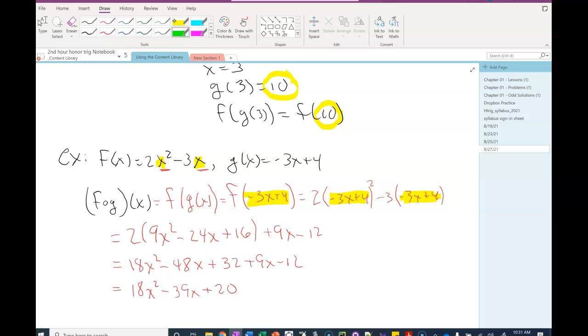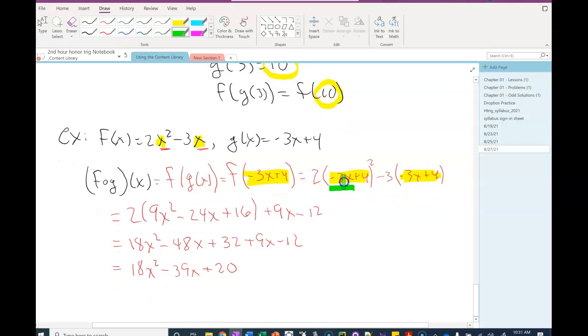Just FYI, for those of you that want to go, whoa, how the heck did you foil that out in your head so fast? This is all it is. First thing squared. This is 2 times the product. So negative 3 times 4 times 2.